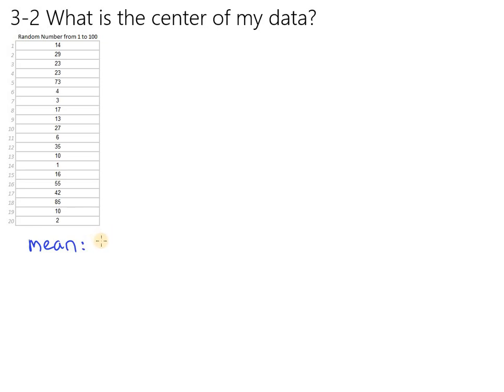I've got 20 numbers here, so I would add them all up: 14 plus 29 plus, and I'm not going to write them all down, but toward the end you'd say plus 10 plus 2. You'd add up all 20 numbers, and then divide by 20. In this particular case, that happens to come out to 24.4.